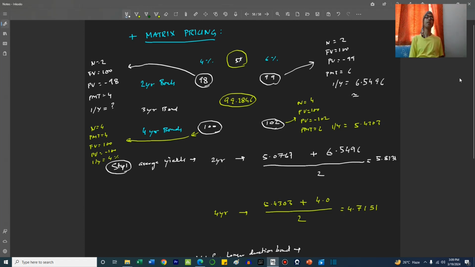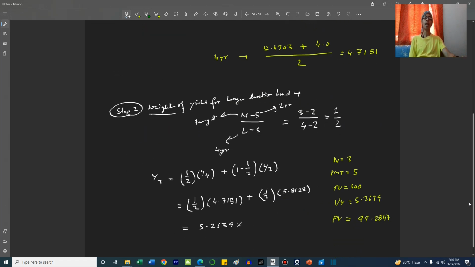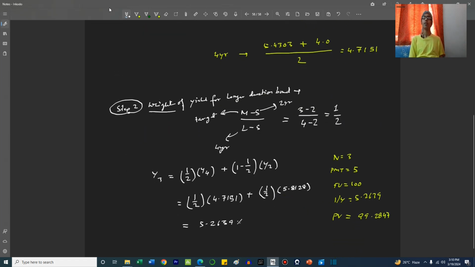Guys, one thing we can modify a little bit here. It's always best to take 4 places after the decimal. So in this case, the yield becomes 5.0767 instead of only 5.076, and the average yield changes to 5.8131. If we take this value and calculate the final yield, this one becomes 5.8131 instead of 5.8128.